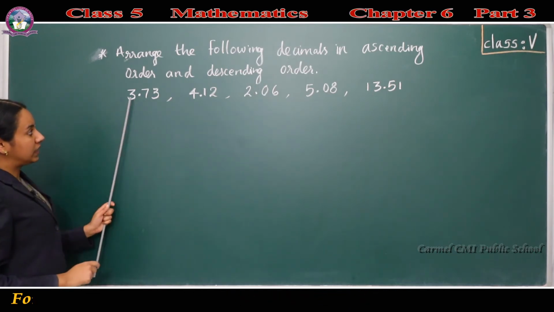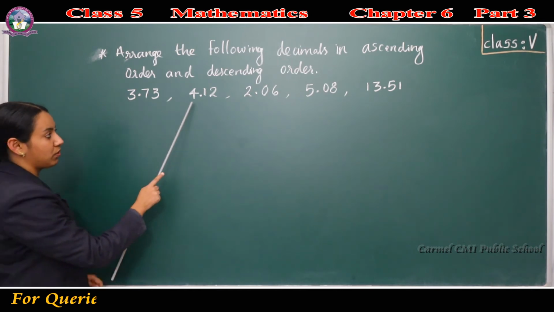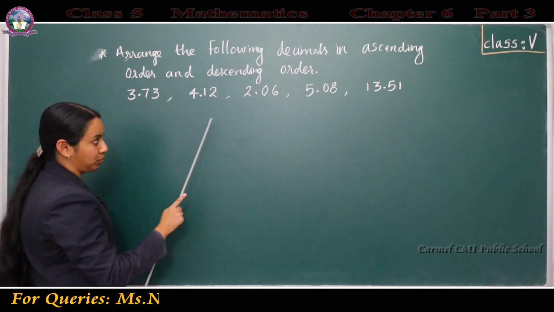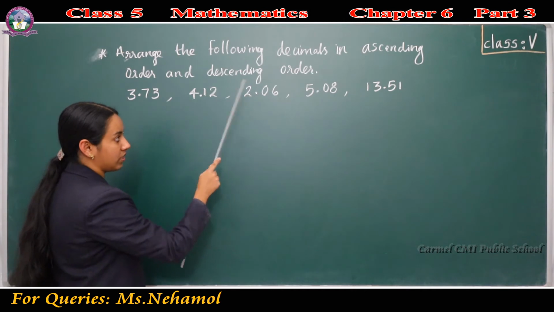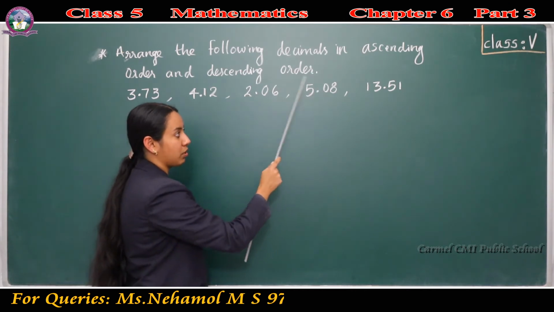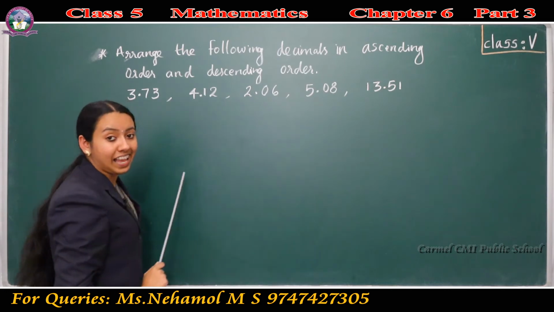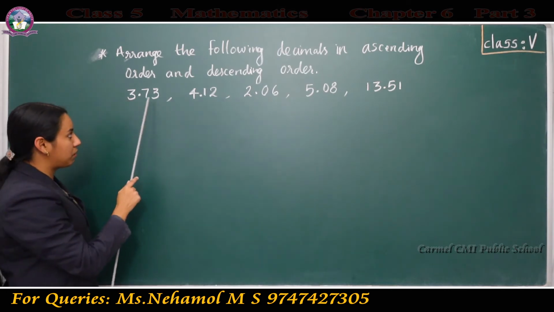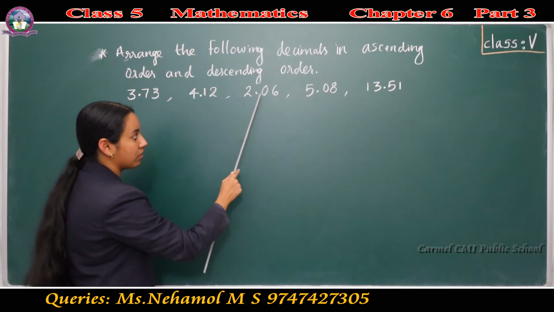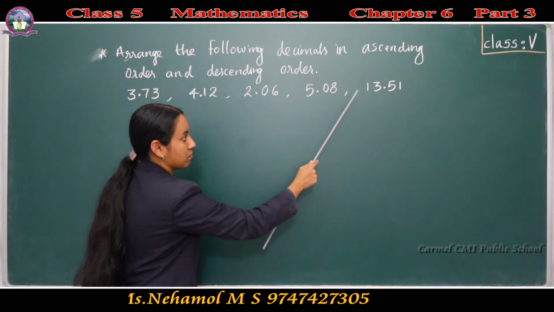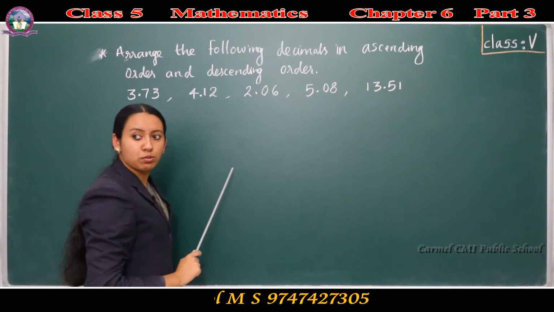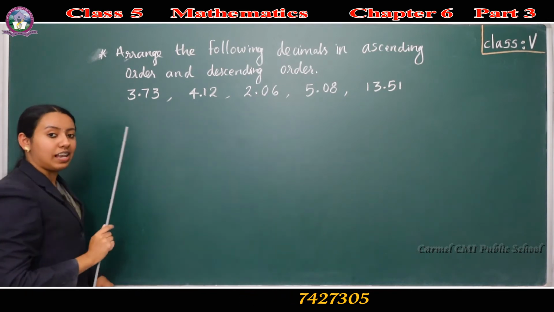First number 3.73. Next one 4.12. Then 2.06, 5.08, 13.51. All are like decimals. Is it? Two decimal places, two decimal places, two decimal places, two decimal places. Here is also two decimal places. So they are like decimals.